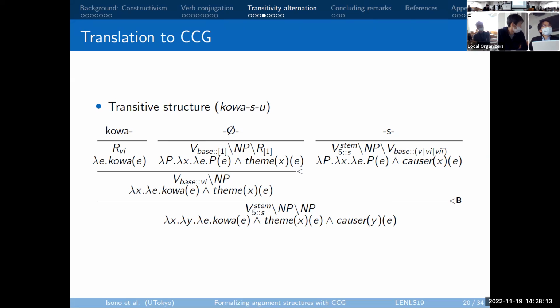We haven't considered that very well, but the point is that once we are done with these compositions, the result is basically the same as what Beck-san has established. So we assume that there is not so much problem with connecting this theory to the larger syntactic theory that has been proposed. Okay, thank you. Thank you very much.